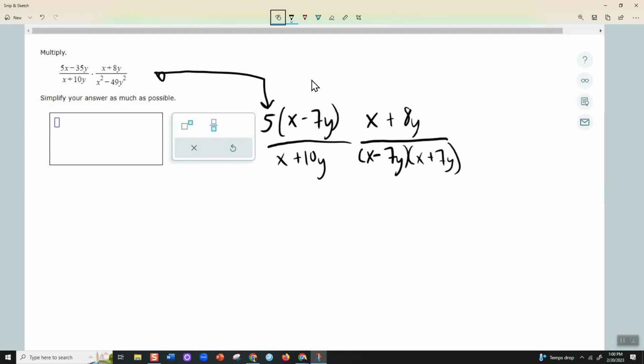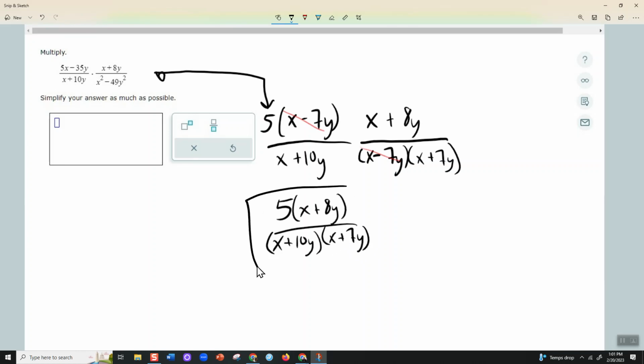And now I can see that x minus 7y and x minus 7y will reduce, and what I have left is the answer. So it's just going to be 5 times x plus 8y over x plus 10y times x plus 7y. There it is.